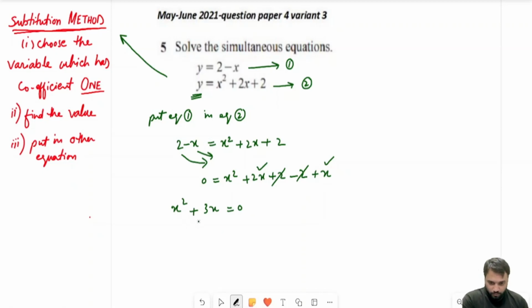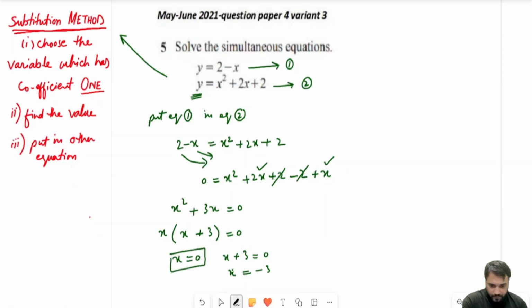So this is again a quadratic equation, but we can see there is x common between them, so we are going to take it. The rest is x plus 3 is equal to 0. We got the factors and every factor is equal to 0. Here we got two answers of x, that is 0 and minus 3.